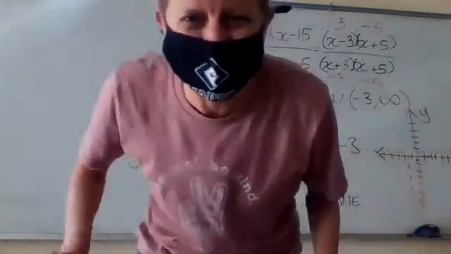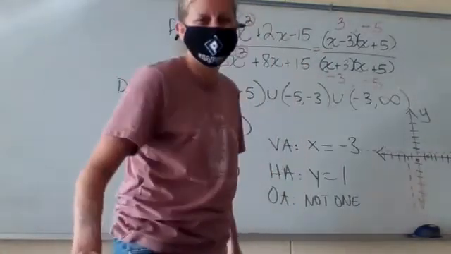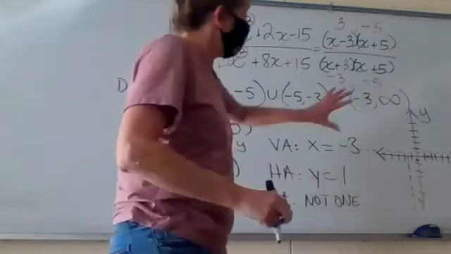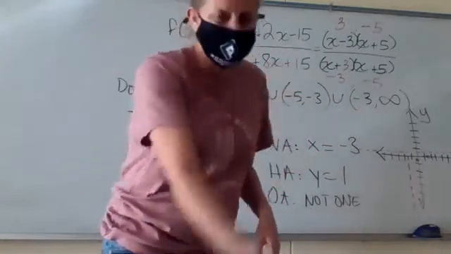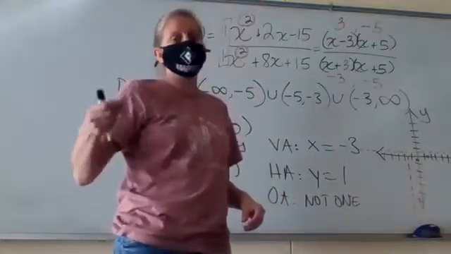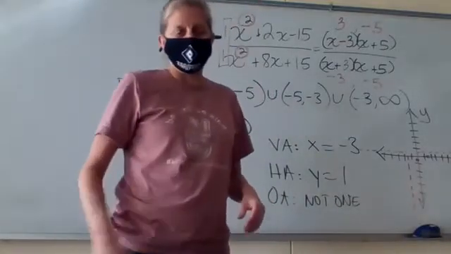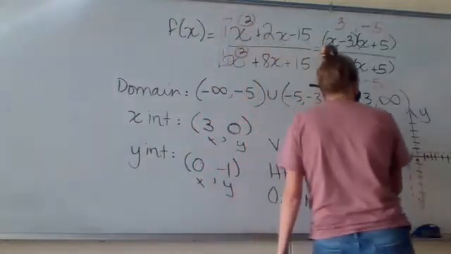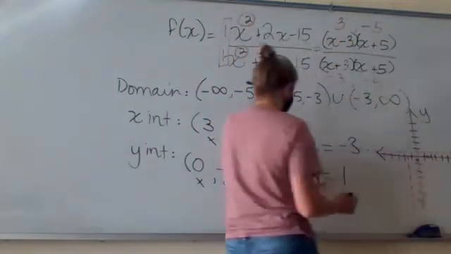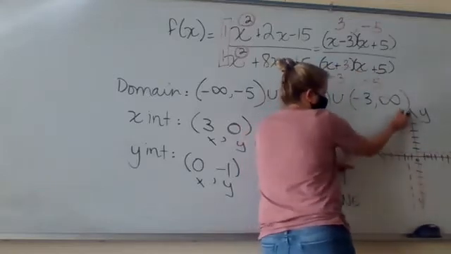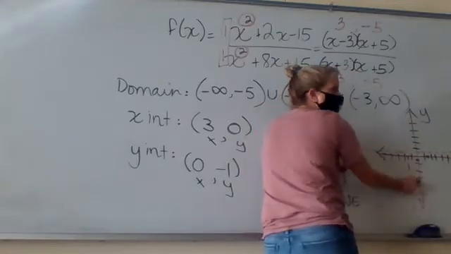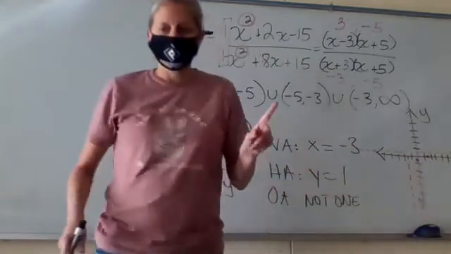Match this graph to the A, B, C, or D, which would be what? D, right? D has this horizontal asymptote at +1, this vertical asymptote at -3, like it should.